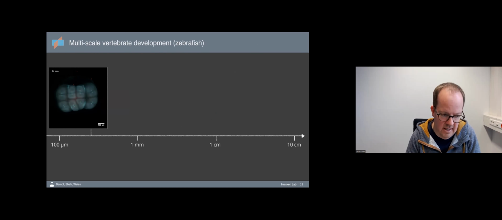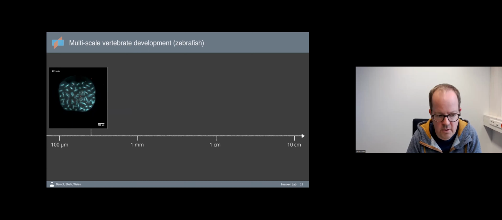You're looking at the animal pole, you're watching the cells divide. In this case, we were interested in spindle scaling. And you do this for a limited period of time until you've seen enough of these cell divisions happen.